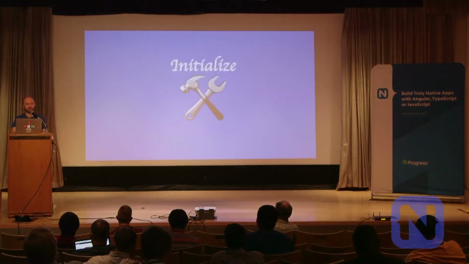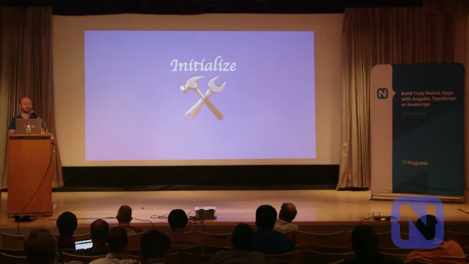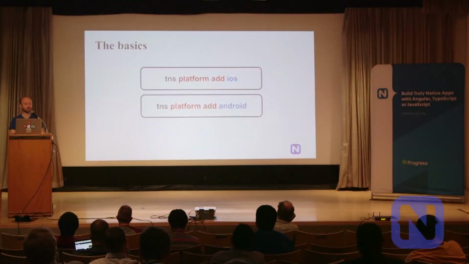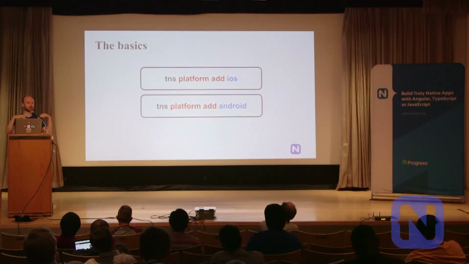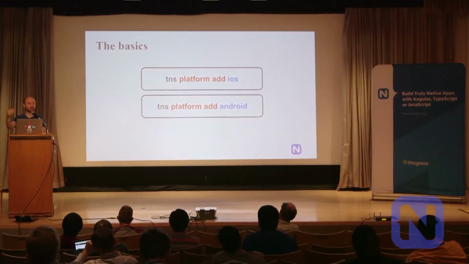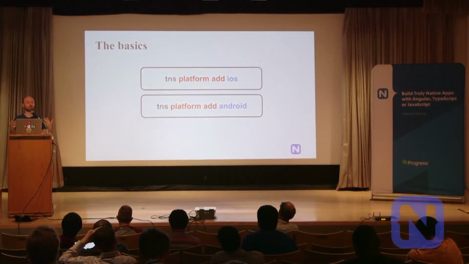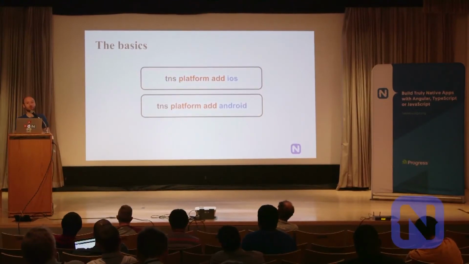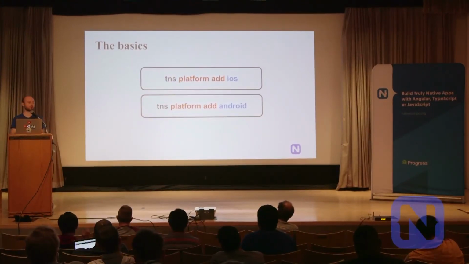All right. So once we have created a project, we're going to go into initializing it, right? Most of the time, if it's a completely fresh project, you would run TNS platform add and then specify which of the platforms you want. If you want to write just for iOS, you do iOS, Android, or you could do both, right? However, sometimes you find a project that somebody else already created.